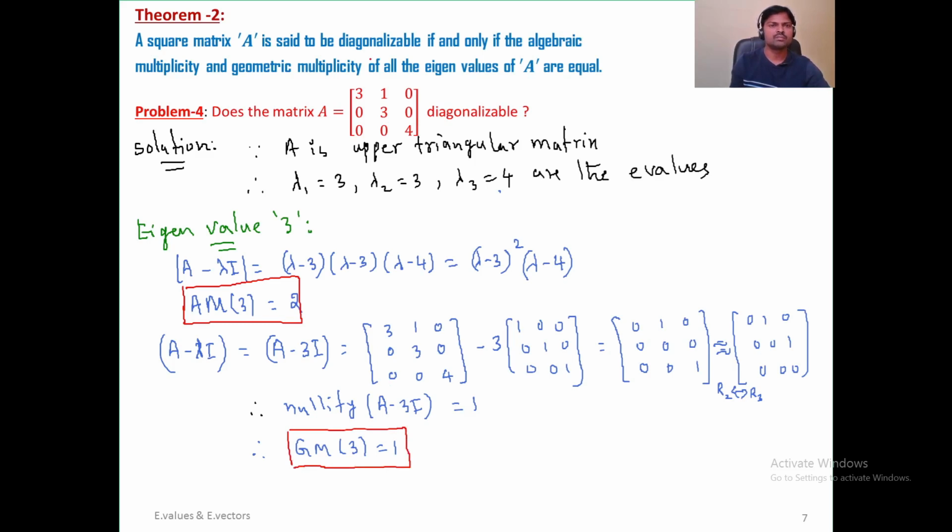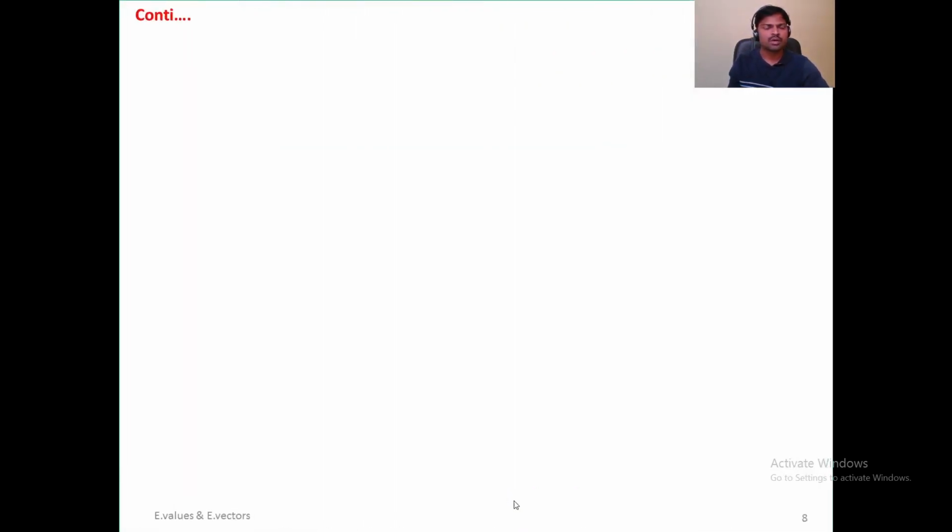But according to the theorem, a square matrix A is diagonalizable if and only if the algebraic multiplicity and geometric multiplicity of all eigenvalues are equal. Here, for 3, they are not equal. Therefore no need to compute for the eigenvalue 4. You can stop the calculations here. Immediately, what is the conclusion?